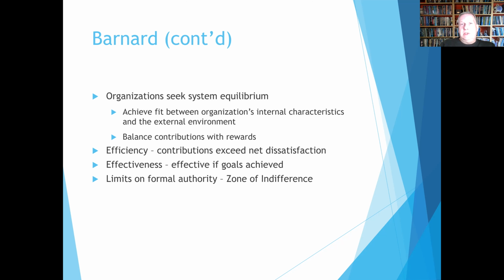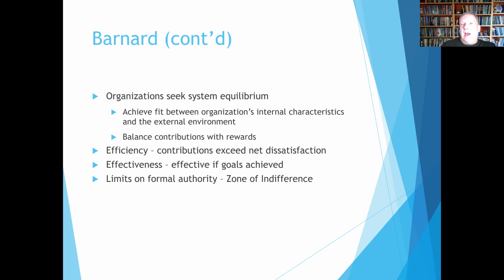Barnard also cautions us that as we look for this balance between incentives that we give to employees and contributions that they give back to the organization, we also need to realize that each employee is different. And different employees will have different ethical standards and different sets of norms and values.